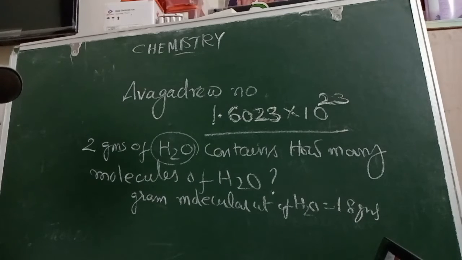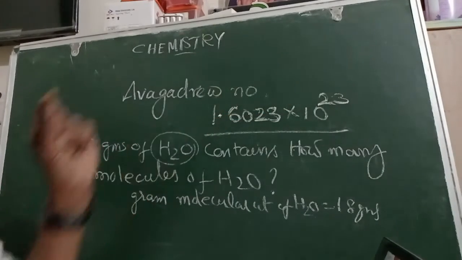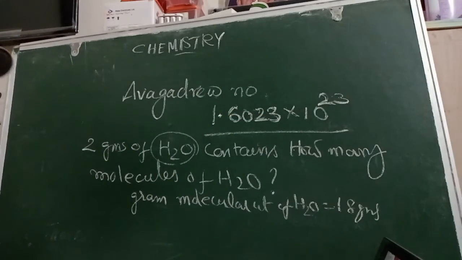According to the definition, 18 grams of water contains 6.023 into 10 power 23 molecules of water.